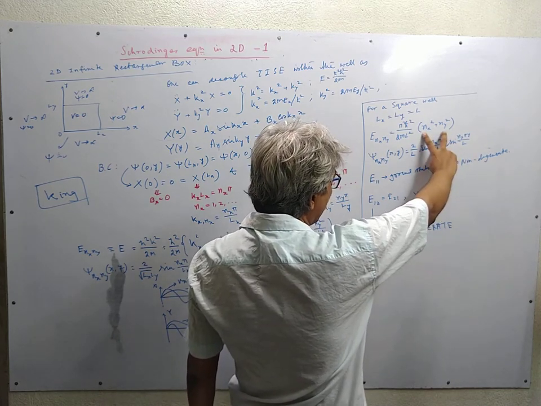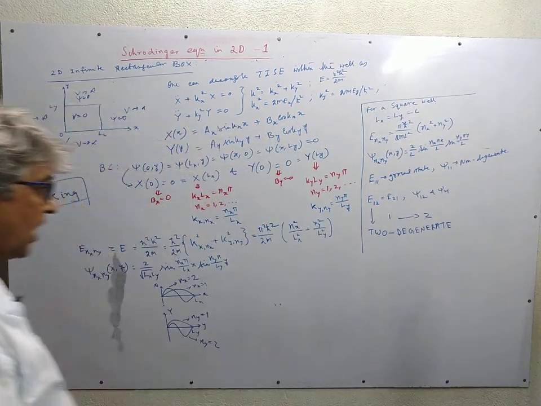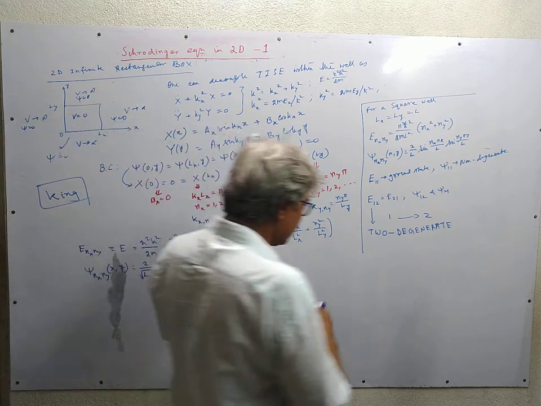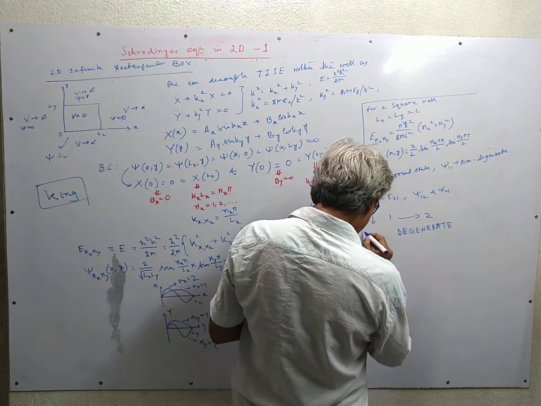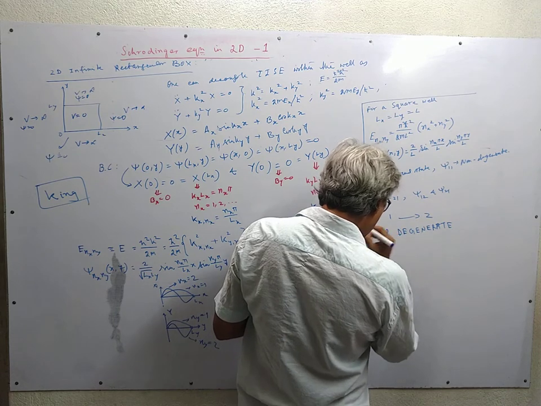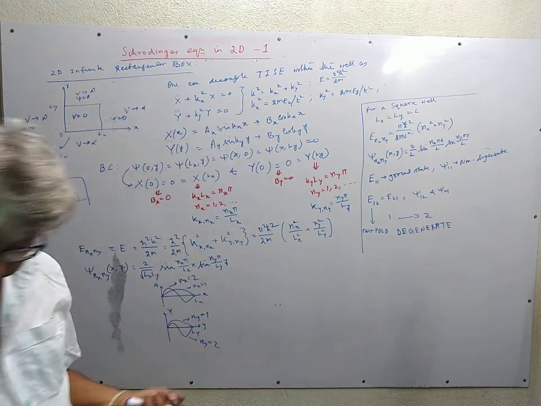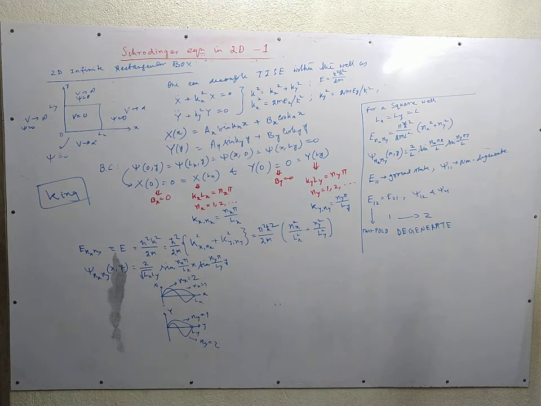And when the quantum numbers are different for the two-dimensional well, the wave functions are twofold degenerate. When we consider the similar situation in 3D, we shall see that the degeneracy may increase to still higher values.